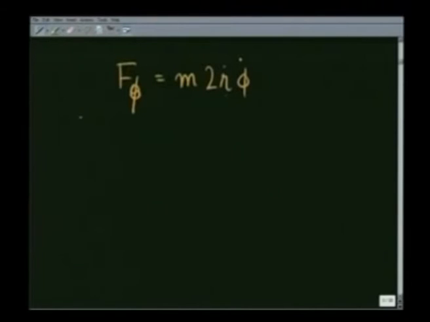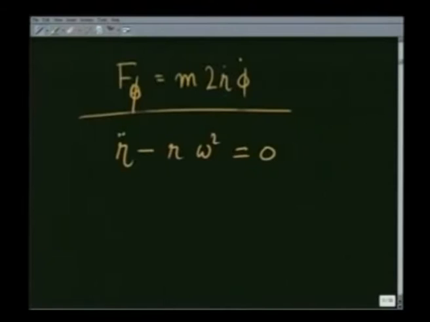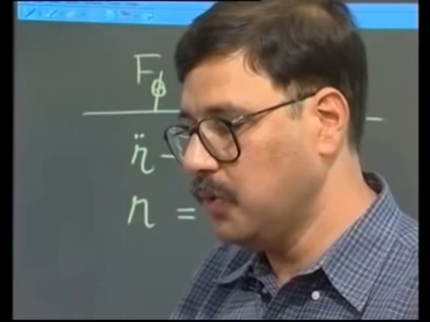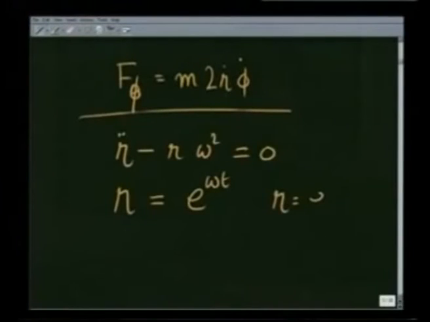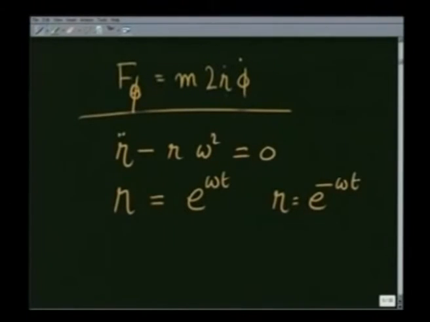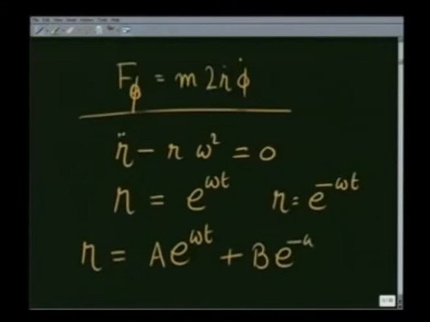To start solving the equation, let me go back to the earlier equation r double dot minus r omega square is equal to 0. You can see by inspection that this has two solutions, r equal to e raised to omega t or r equal to e raised to minus omega t, and therefore, the general solution r is going to be a, where a is a constant, e raised to omega t, plus b, where b is another constant, e raised to minus omega t.